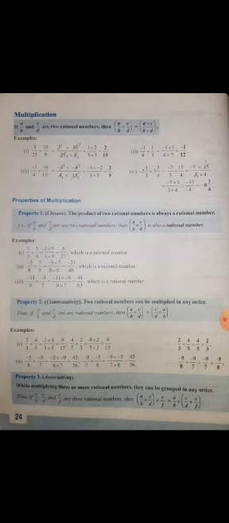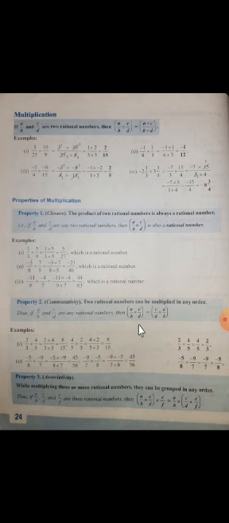Whatever properties we have learned in addition of rational numbers, the same properties exist in multiplication of rational numbers also. All are the same, only there is a difference of sign. In addition, the plus sign is there; here it is the multiplication sign. So now let's start: how many properties are there in multiplication of rational numbers?